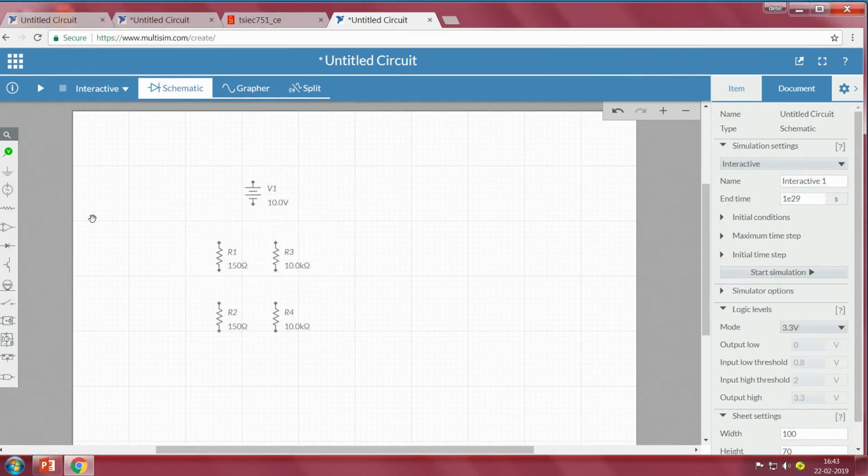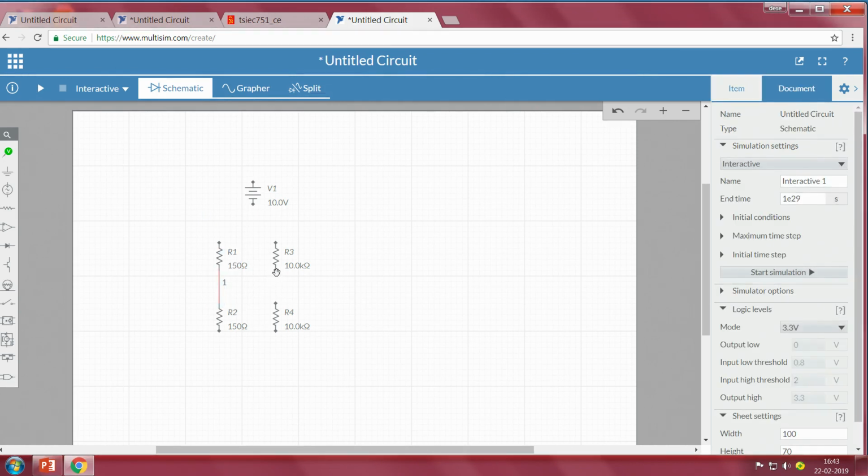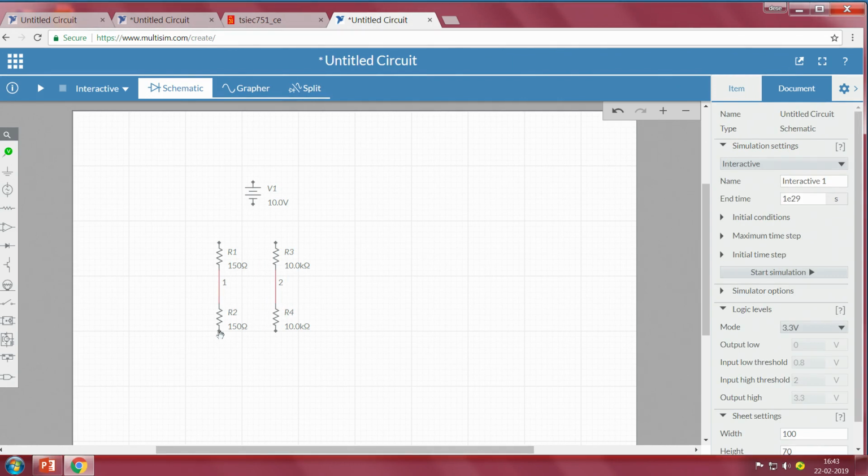And then connecting, let's establish connections to all parts of the bridge.